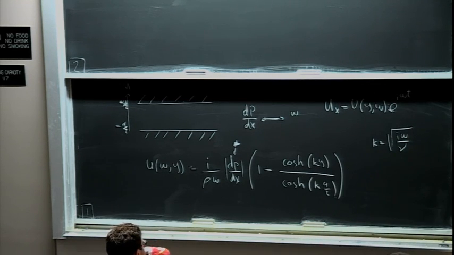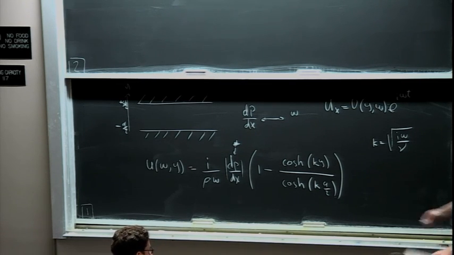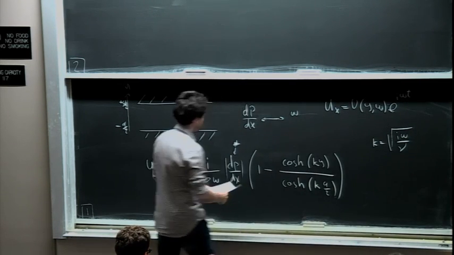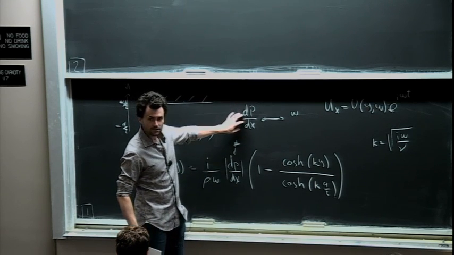Okay, and then we took this solution and we plugged it into Mathematica and we plotted it. To plot something you have to put some parameters in. One parameter is relatively uninteresting, which is the density and the magnitude of the pressure gradient.